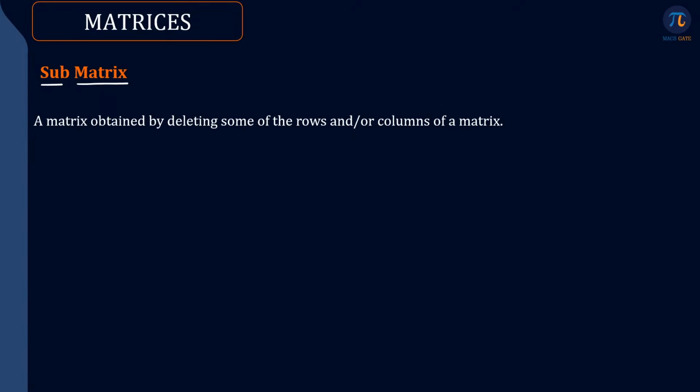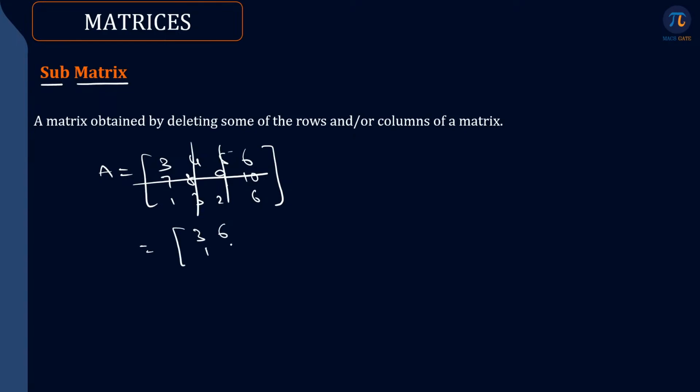In a matrix, if you remove some rows and some columns, the resultant matrix is called a submatrix. Suppose you have a matrix, say 3, 4, 5, 6, 7, 8, 9, 10, 1, 3, 2, 6. Suppose I remove this row and these two columns; the remaining matrix is a submatrix. Like that you can get many submatrices.